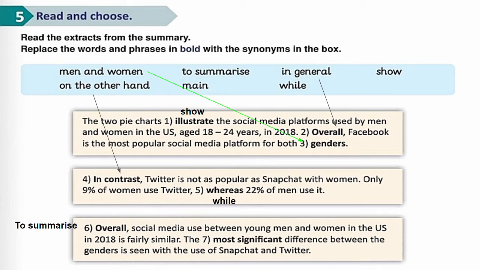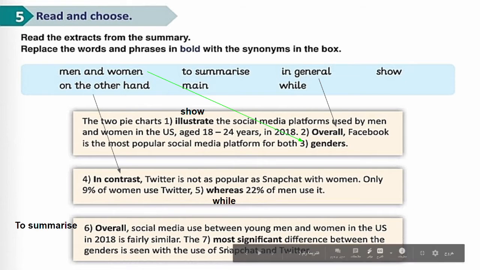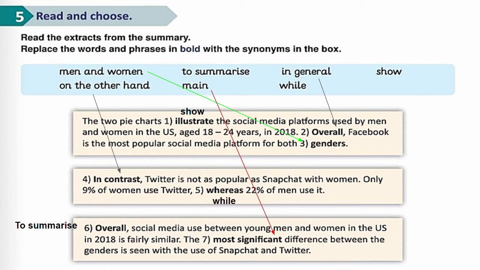The most significant difference means the main difference between the genders is seen with the use of Snapchat and Twitter. Good. Actually, here we should learn the synonyms of these words written in bold letters so that we can change our writing a little bit, and this will be more interesting for the reader.